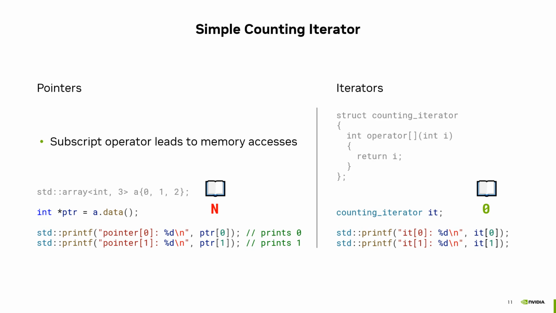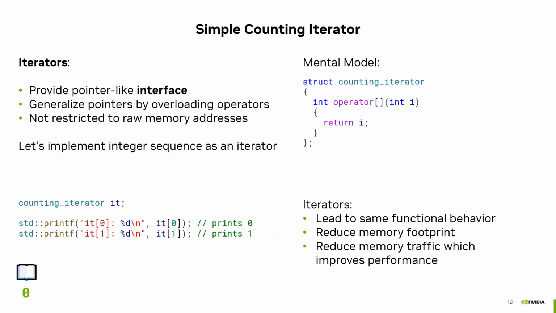And from the algorithm's point of view, notice how both interfaces look exactly the same. We just use square brackets. Whether those brackets trigger a memory read or simply return the index doesn't matter for the rest of the code, and that's a key concept behind how iterators work. You can think of iterators as a generalization of pointers.